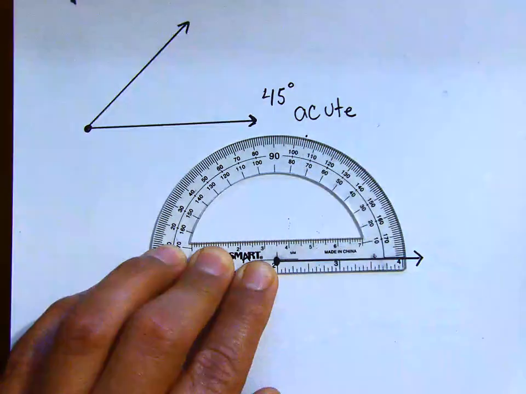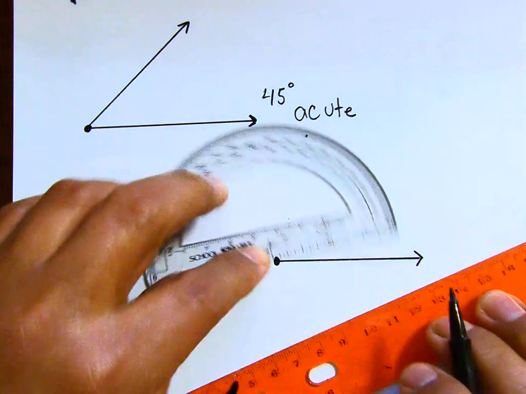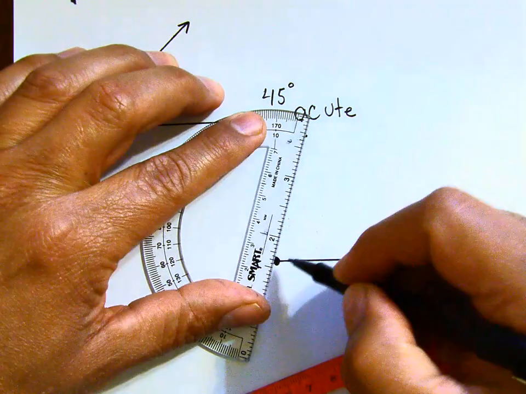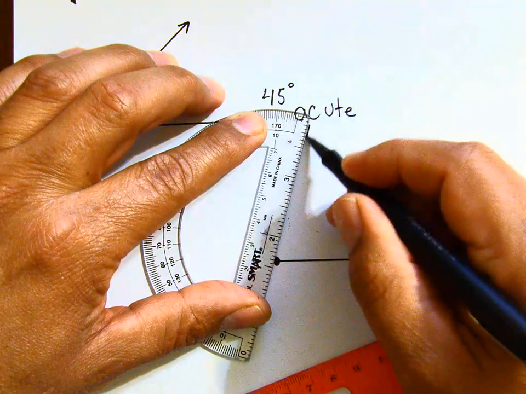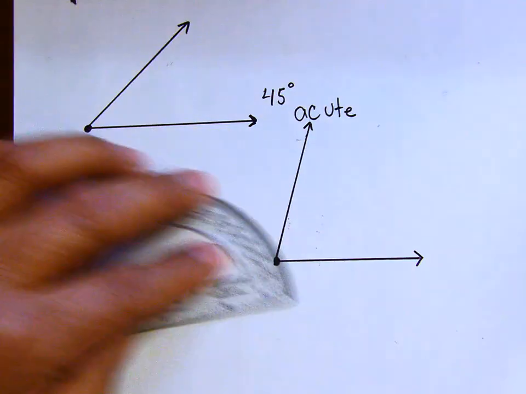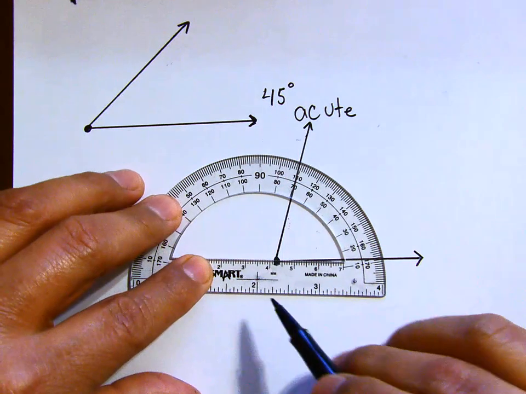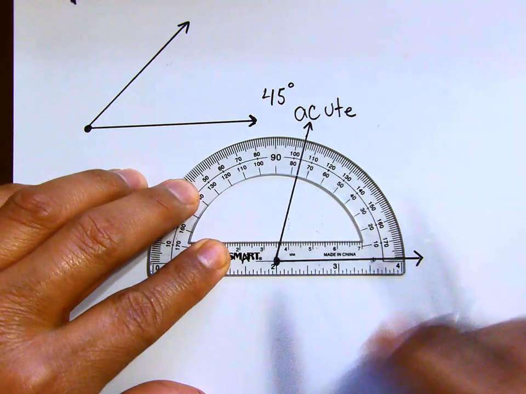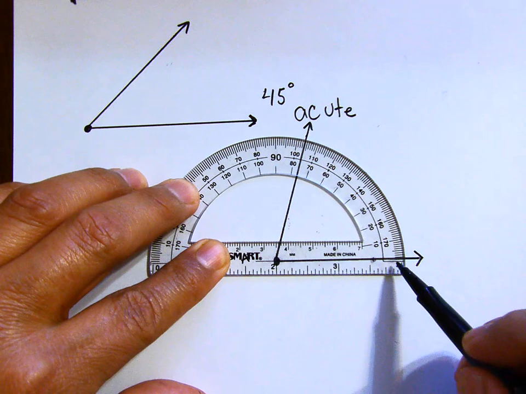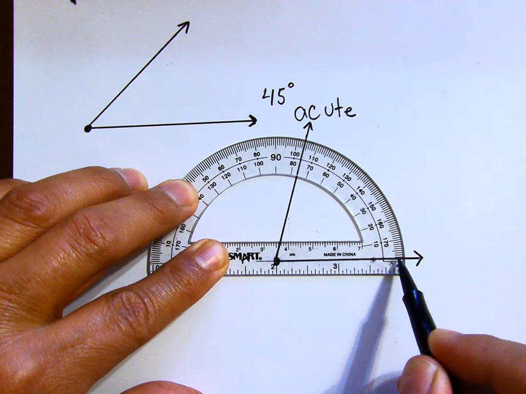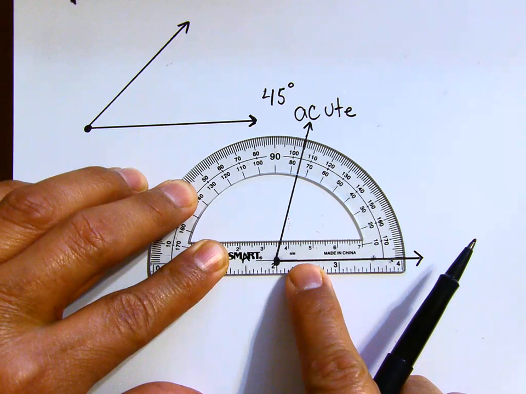75 is right there. So now all I have to do is connect that mark that I made with the endpoint of this ray over here. And I just made a 75-degree angle. If I want to measure it again, I put my center point on that vertex, and that zero edge, this line that's right here, has to be on that ray.